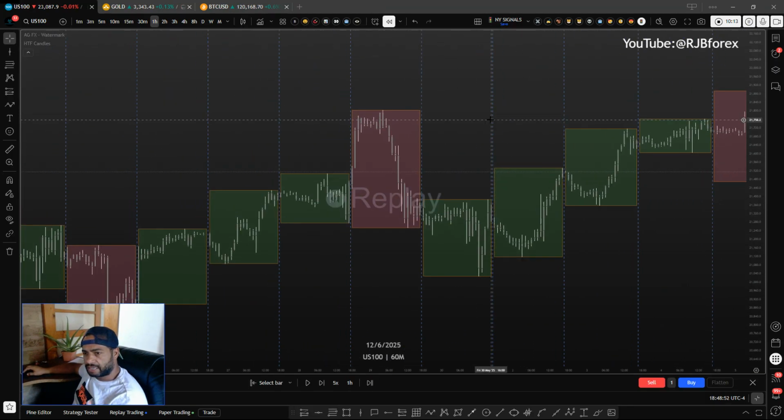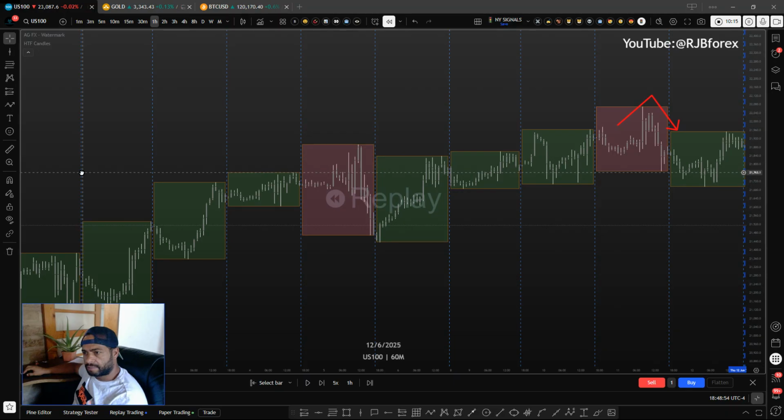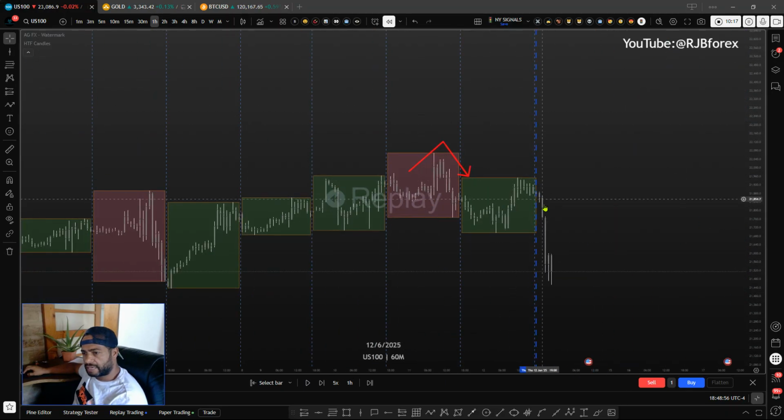I mean, here's one here. Here's one that just didn't work out at all. Peak formation high, peak formation low. So we're in anticipation of a coil and then continuation up. But instead, it breaks the breakdown level again and puts the bears back in control.